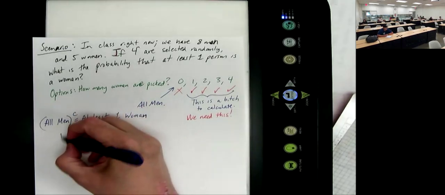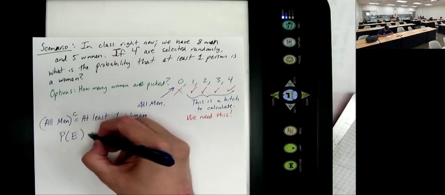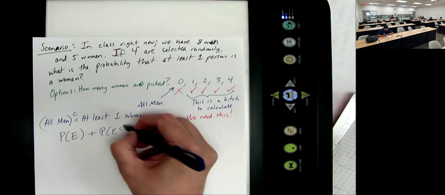So we're gonna use that probability equation that had complements. And I'll rewrite it here before I put in what's in there.